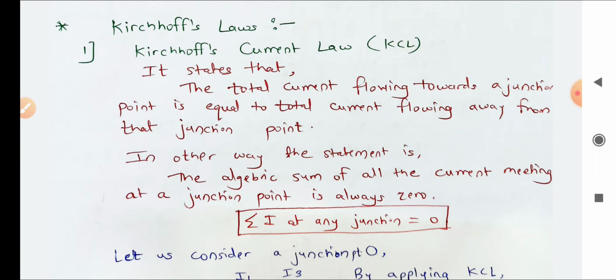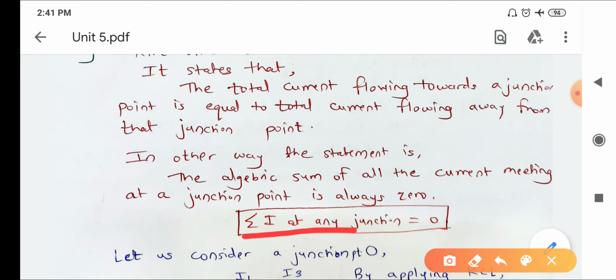So mathematically we can express it as the summation of the currents entering the junction is equal to the summation of the currents going away from the junction, or we can say the summation of I at any junction is equal to 0. So the algebraic sum of all the currents meeting at a junction point is always 0.